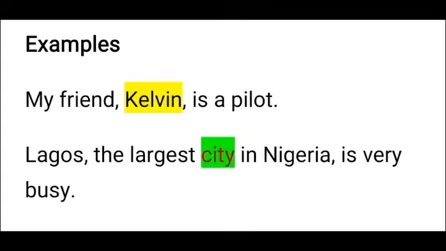To explain it better. Example 2 here says Lagos, the largest city in Nigeria, is very busy. Here, city is an apposition because it is placed beside Lagos to explain it better.